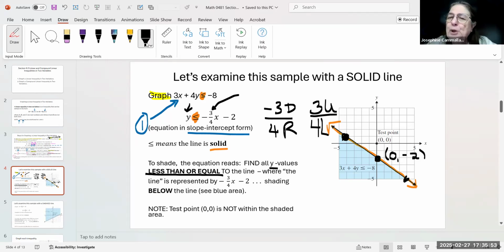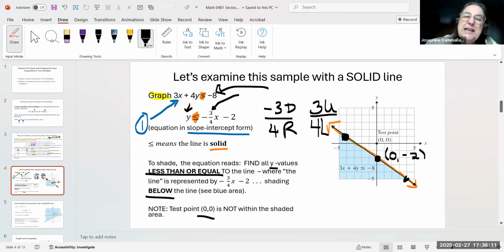Find all of the y values less than or equal to the line. Well, notice where my blue shaded area is. It's everything below that line. That's how I read it. Now, you're going to notice I have a test point, 0, 0.